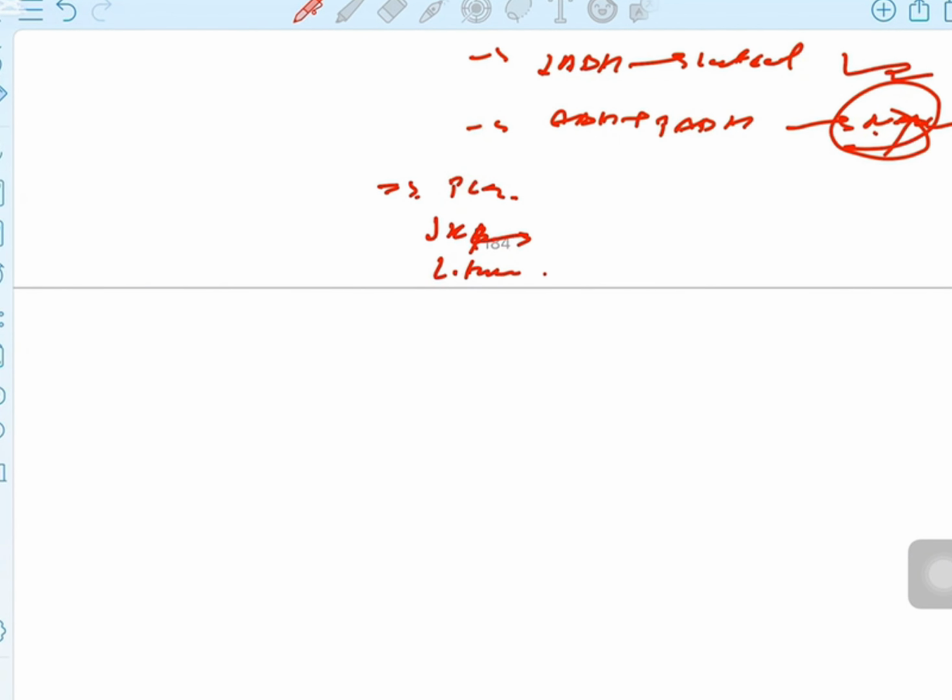Lithium, very important guys. Lithium, demeclocycline, tolvaptan, conivaptan, all of these can lead to nephrogenic diabetes insipidus.